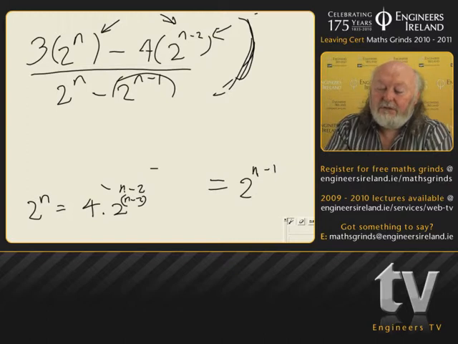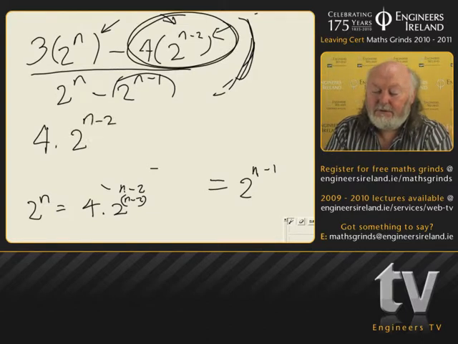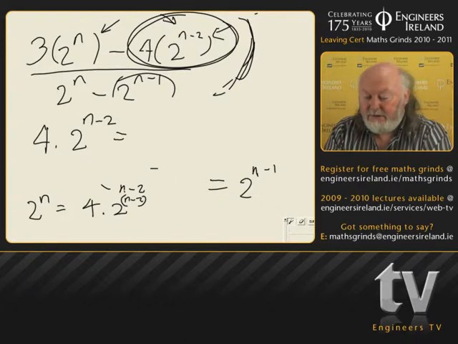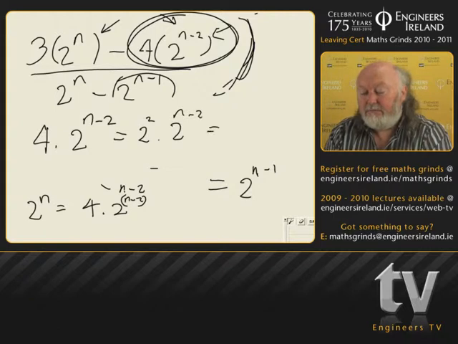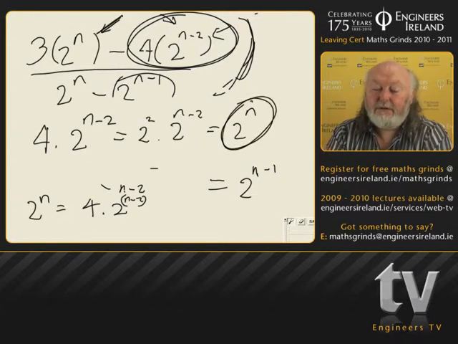If instead we now examine this last term here, and we're saying it's 4 multiplied by 2 to the n minus 2. Let's reverse our reasoning, and we'd say 4, that's 2 to the 2. The other is 2 to the n minus 2. So that's 2 to the n, which happens to be this guy up here.